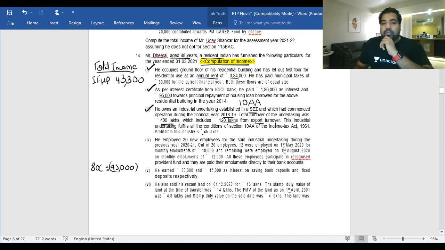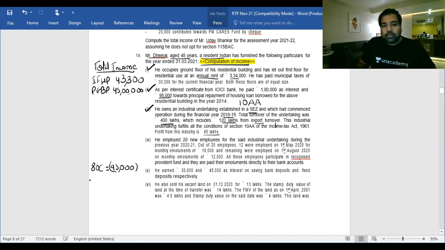The profit from this was 45 lakhs. So guys, this is your PGBP, 45 lakhs. Why did I not minus 10AA here? Because 10AA is a deduction which you will minus here. 10AA, I'm calculating it. Your total profit is 45 lakh. You will get a reduction in the same ratio as your export turnover to your total turnover.